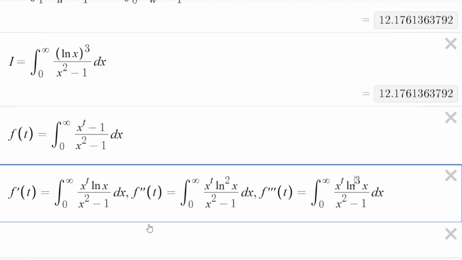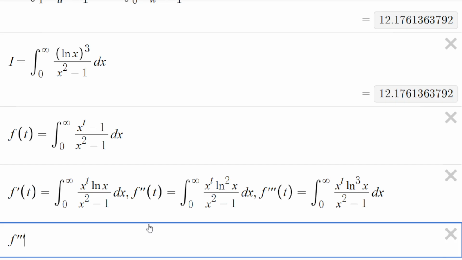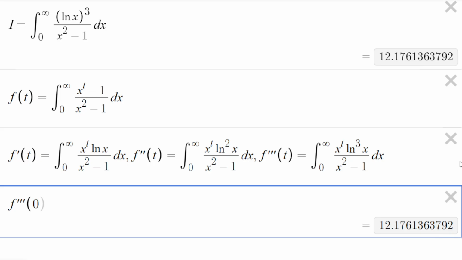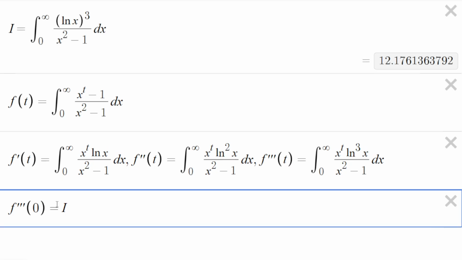So you'll notice if we plug in t is equal to 0, this whole part is going to go away and we'll have I. So what we can say is that f triple prime at 0 is equal to I, and you can see the numbers match up. So f triple prime at 0 is indeed I.